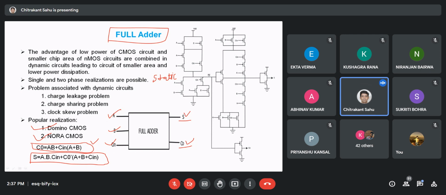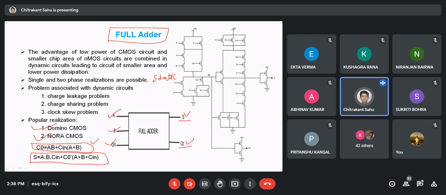That is AB plus Cin times (A plus B), which is nothing but AB plus AC plus BC, a simple sum of products of different inputs. So how to realize that? We can make it in an easy way.